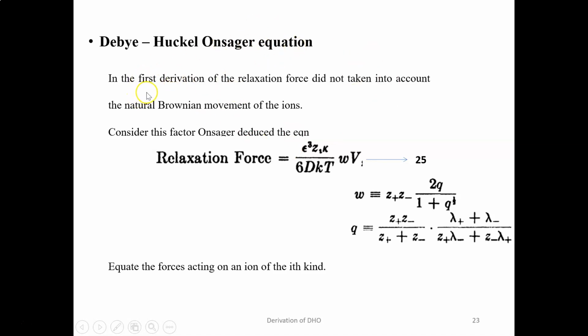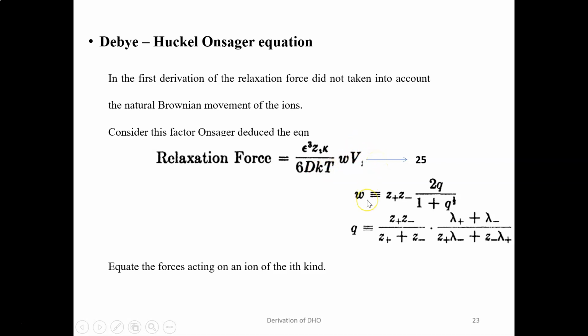Debye-Huckel-Onsager equation. In the first derivation of relaxation force, we did not account for the natural Brownian movement of the ions. This was considered by Onsager, and he deduced the equation relaxation force equal to epsilon cube Zi kappa divided by 6 dkt omega v.